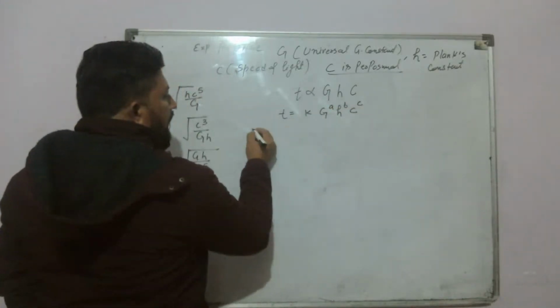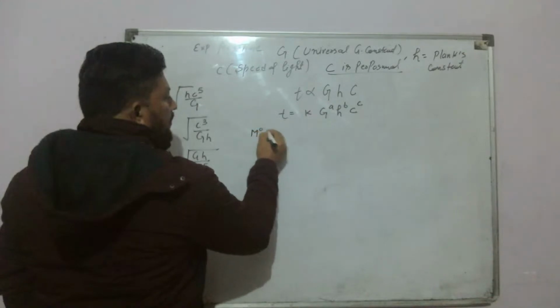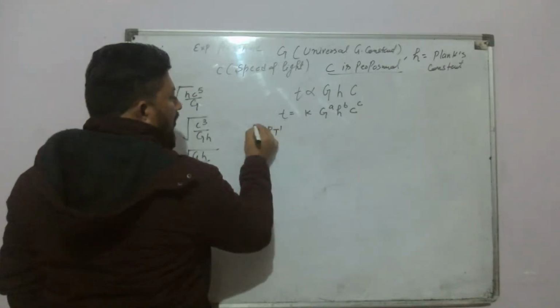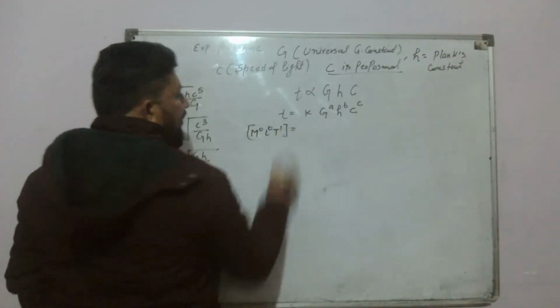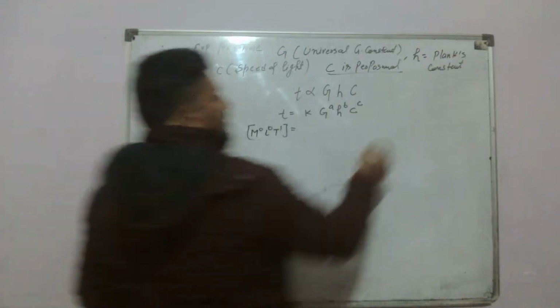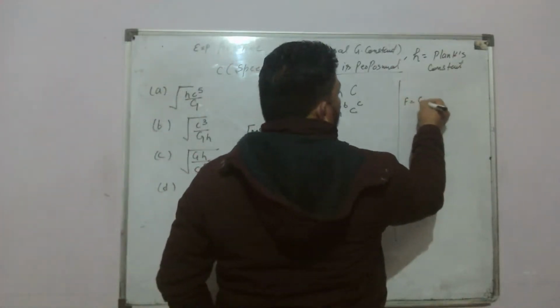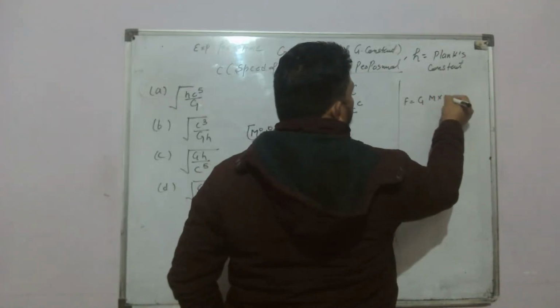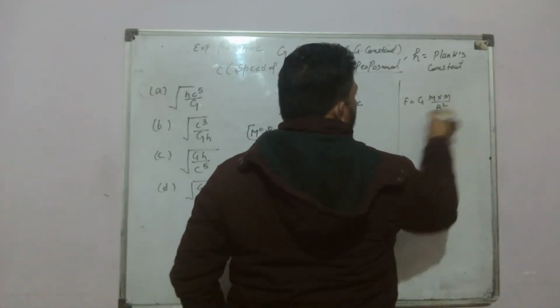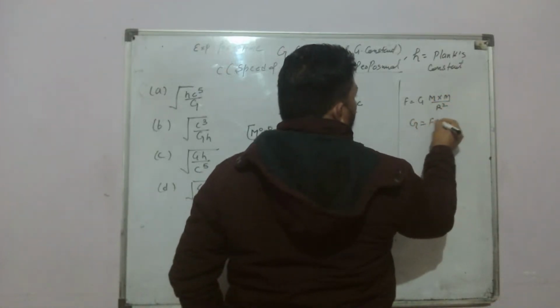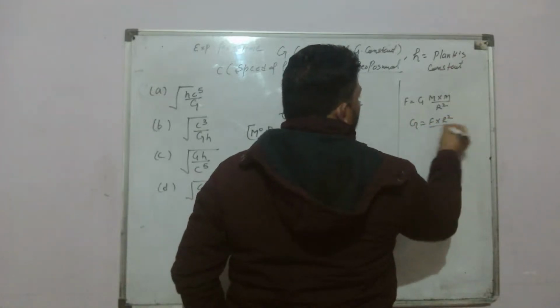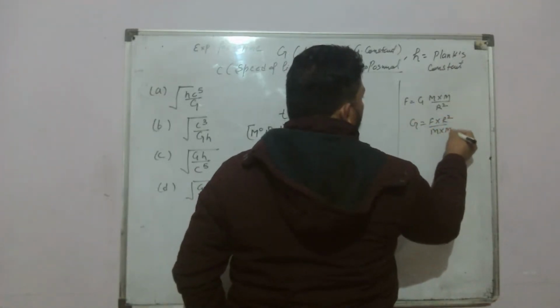The dimensional formula of time is M0 L0 T1, only time is given. Now the gravitational constant: F is equal to G m multiplied by m divided by r square, so G is equal to F into r square divided by m multiplied by m.